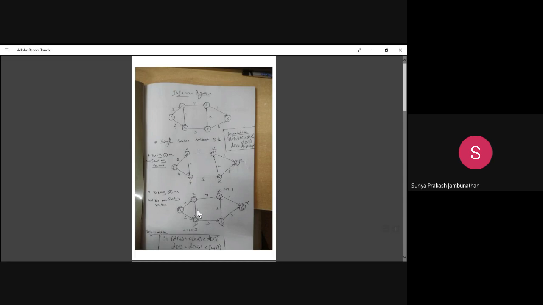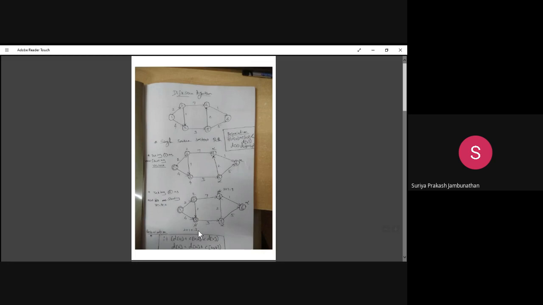So what we have to do, we have to replace this. 2 plus 1 is lesser than the weight we already have here, which is 4. So you have to replace 4 with 3.